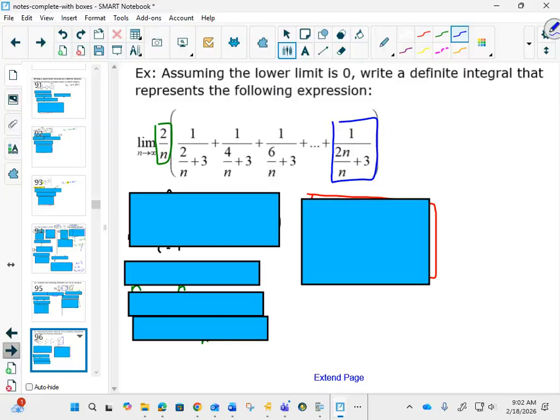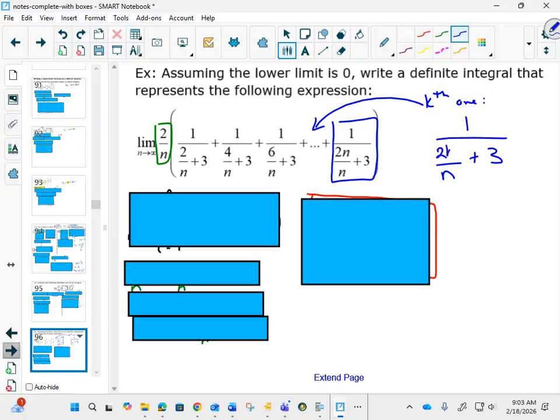If you had put one in the middle, a kth one, what would it look like? Do you agree that they all have the 1 on the top? Do you agree that they all have a plus 3? Do you agree that they all have something over n? The first one has 2. The second one has 4. The third one has 6. The nth one has 2n.